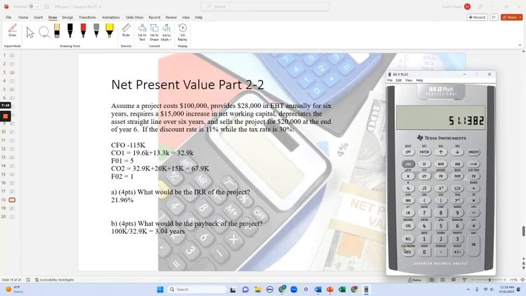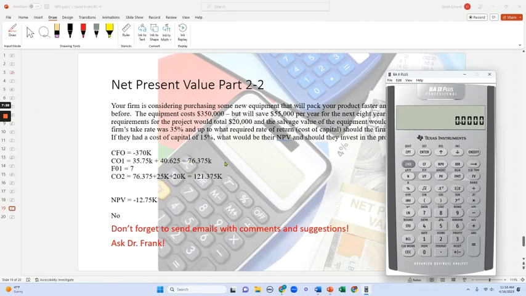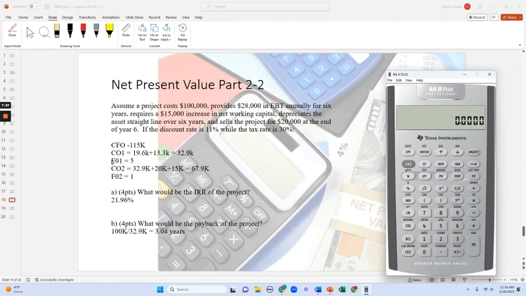Get out of the net present value thing here. So there is our net income. There is our depreciation. We have a cash flow for years 1 through 5 of $32,900. So that's F01 is for 5 times. The last year we have the same 32,900, plus we sell our equipment for 20,000, plus we get our working capital back, and that becomes 67.9.